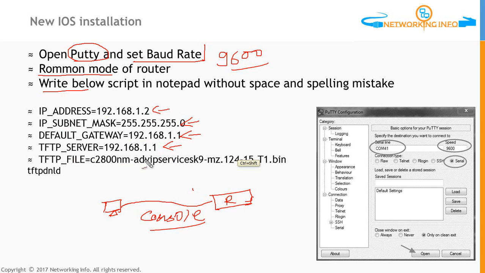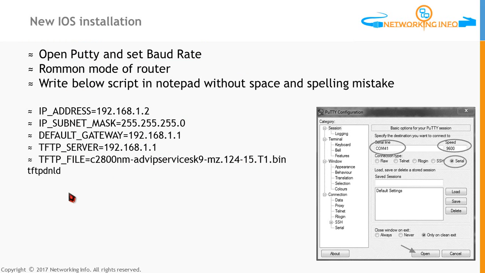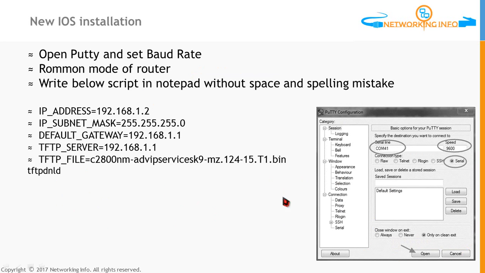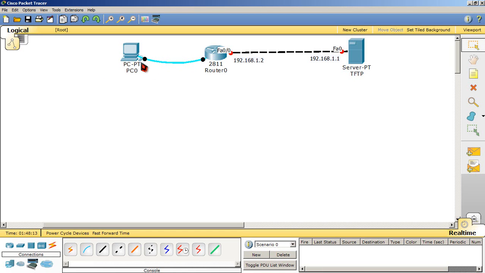So here what we need to do is, first, we need to have this scenario. Let me bring that scenario here. Similar to this diagram, what I have here is a TFTP server which is 192.168.1.1.